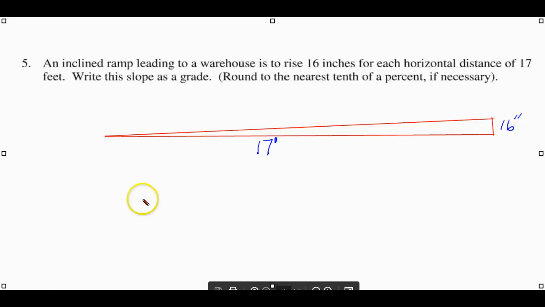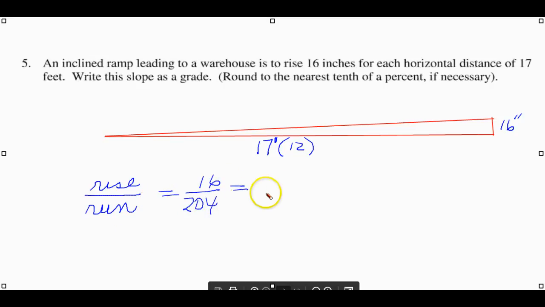Now, in order to set up your ratio of rise over run, we have to have the same units. So we have to multiply this by 12 to make this inches, and this is inches. So we then get 16 over 204.